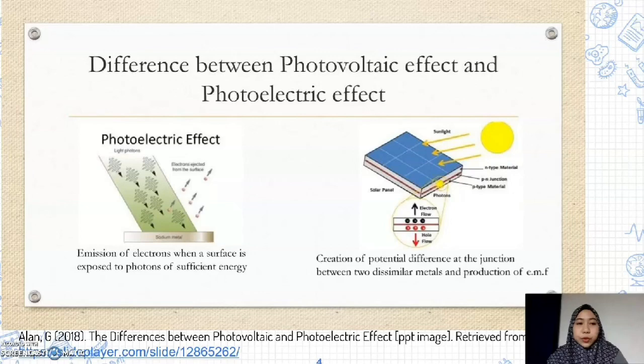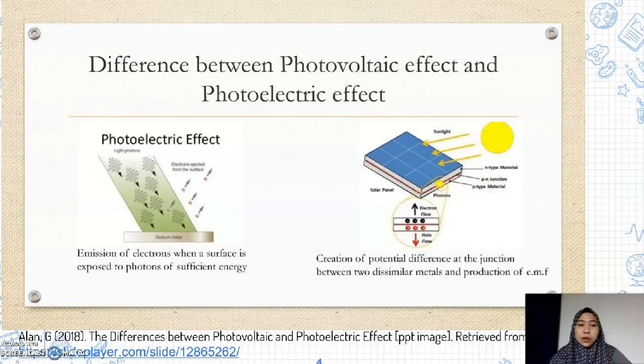I will show you the difference between the photovoltaic effect and the photoelectric effect. At the left of the screen, there is a photoelectric effect. How do we know that this is the photoelectric effect? The emission of electrons will occur when a surface is exposed to photons of sufficient energy.